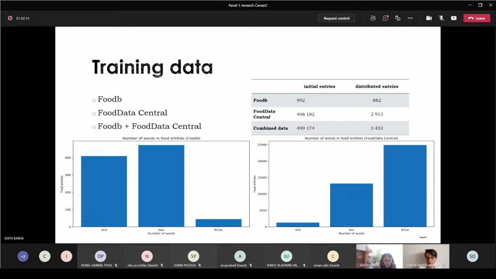FoodDB had lots of one- and two-word food names, but just a few three-word food names. And Food Data Central had lots of three- and two-word foods. So I had to distribute the data.